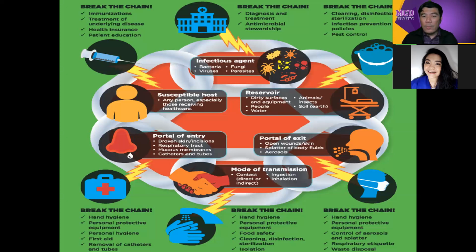So that's why in mode of transmission, we still consider cleaning, disinfection, sterilization. And when it comes to the mode of transmission, isolation is the number one aspect of breaking the chain.